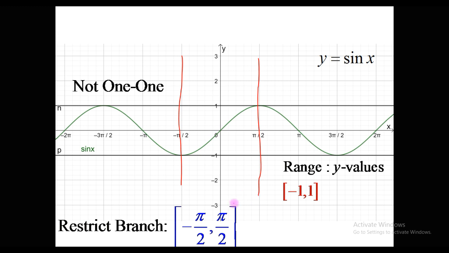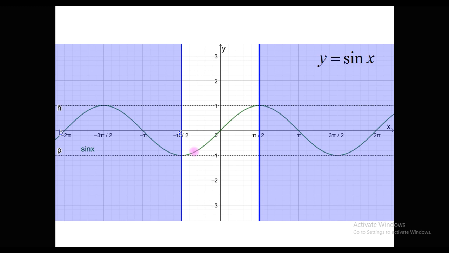I am putting a condition on x that it will always be between minus pi by 2 and pi by 2. Now after restricting this, let's see how the graph will look. This part is out of question and this part is out of question. Right now I am only thinking about sin x, and that too only between minus pi by 2 and pi by 2.